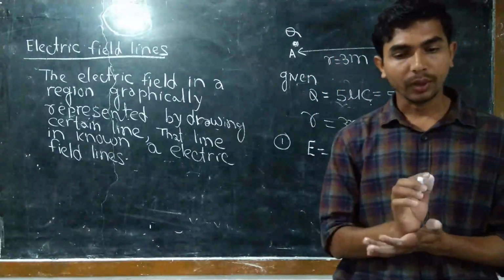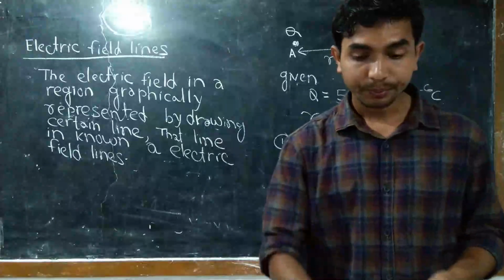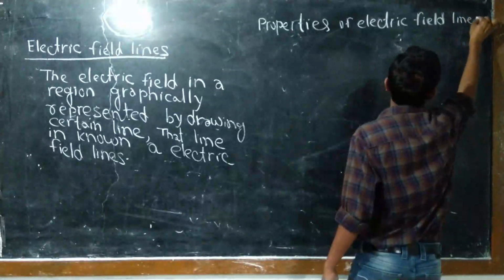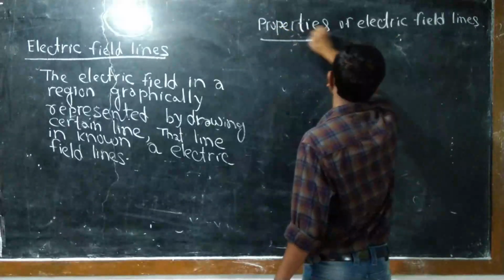What are the properties of electric field lines?